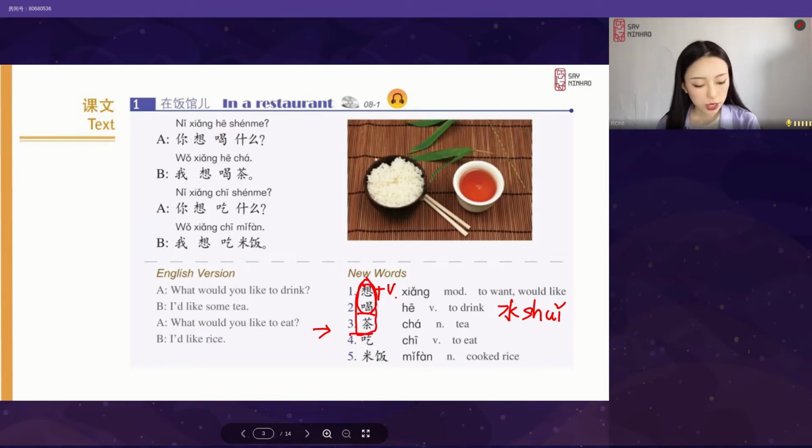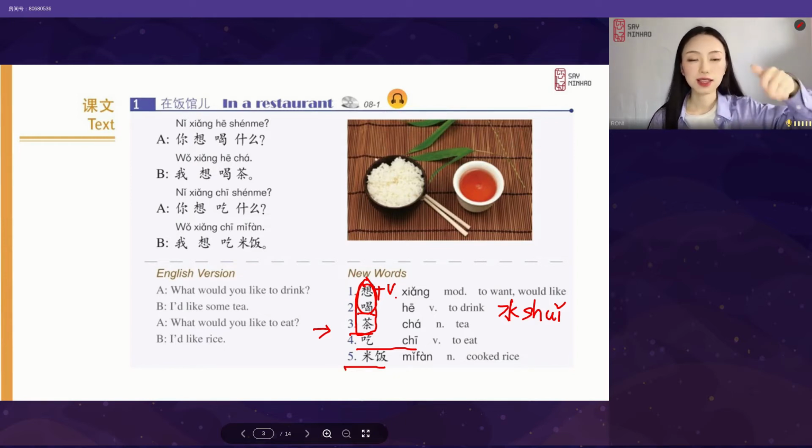Okay, next one. 吃, read after me please. 吃 means to eat. So if I say I want to eat, then it is 我想吃. Okay, let's see the last new word of text 1, which is 米饭.